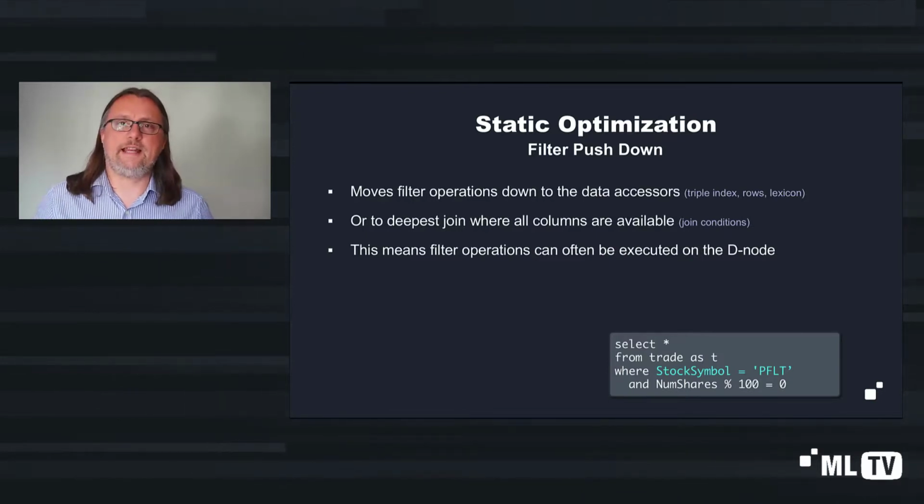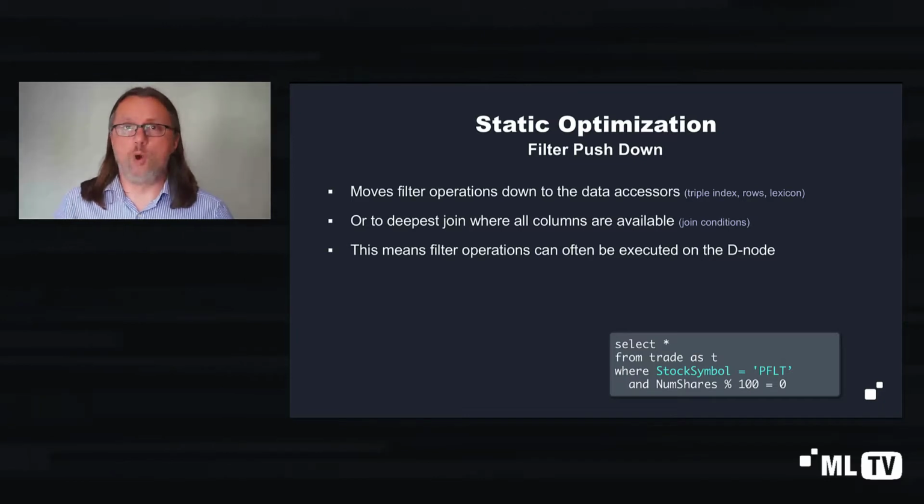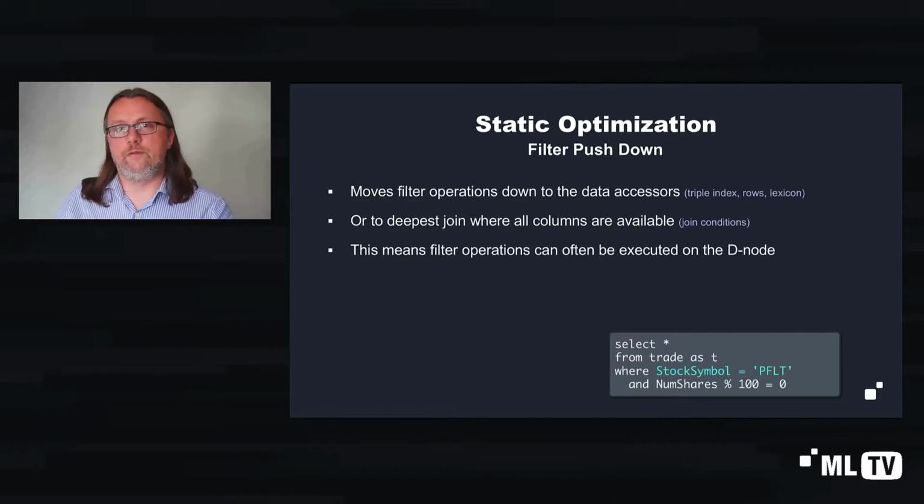So what exactly do I mean by pushing down? So when a filter expression is pushed down, it's moved in the query plan towards the leaves of the query plan, towards the index accesses and the data accesses. If it gets attached to an index access, then it's likely that we can perform that index access more efficiently.